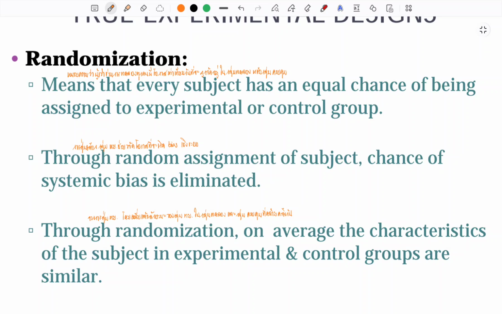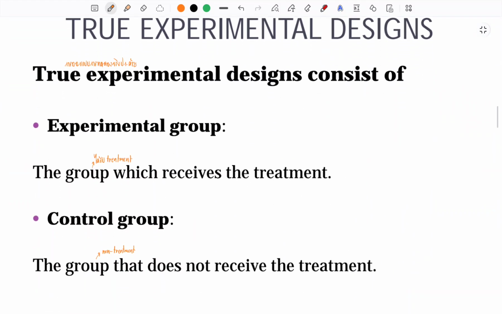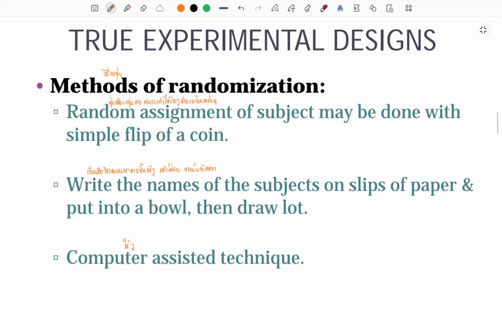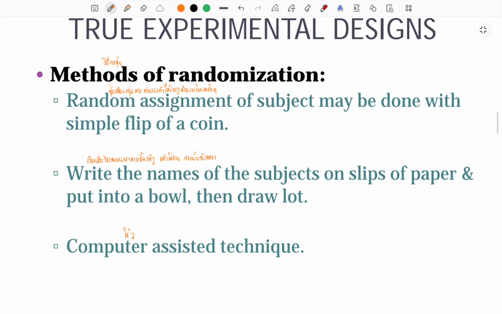For the true experimental design, as you can see, it consists of an experimental group and a control group. The experimental group is the group that received the treatment or intervention, and the control group is the group that did not receive the treatment or any intervention. Actually, there are many methods of randomization. In your friend's case, he did it by computer.